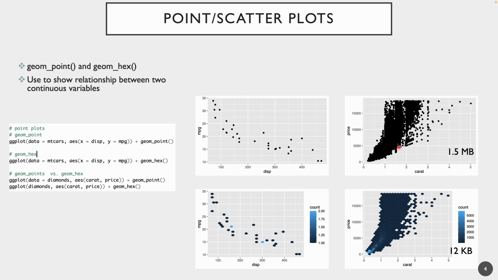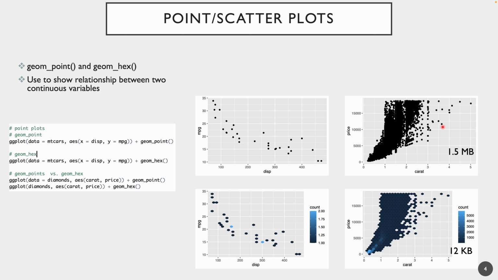This plot shows the relationship between the diamond carat and the price. However, it has many more samples than mtcars, which makes it challenging to observe, because in some areas most of the points are stacked on each other, and second, that makes the plot pretty large.